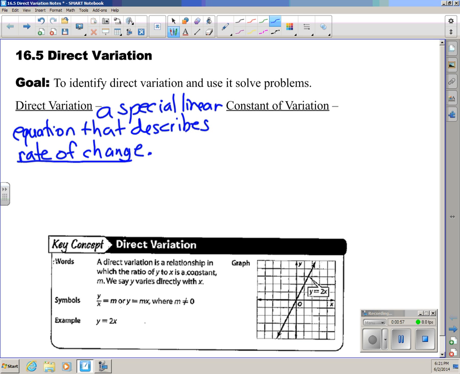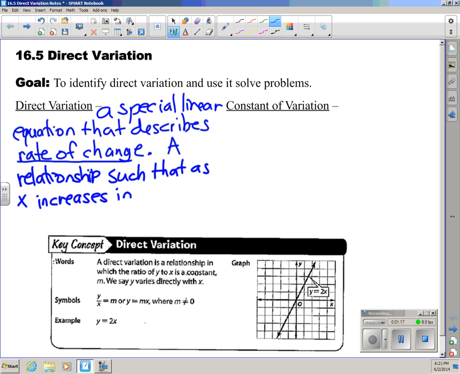Also, direct variation is a relationship such that as x increases in value, y increases or decreases at a constant rate.